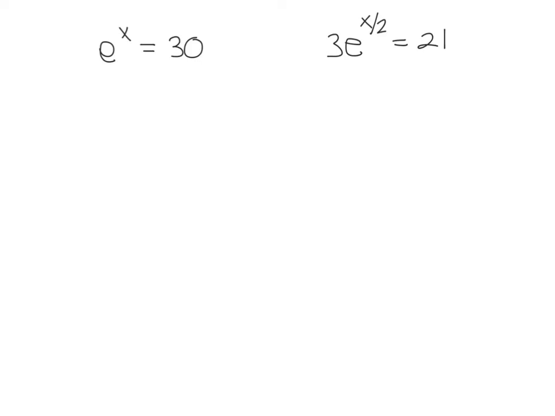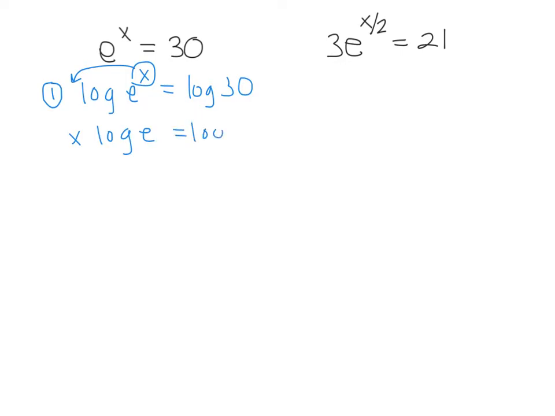Solve for x. We have e to the x is equal to 30. I'm going to show both ways by solving it with log and solving it with ln. If we take the log on both sides, we have log of e to the x is equal to log of 30. Bring down this x in front of the log of e, so we have x log of e is equal to log of 30.